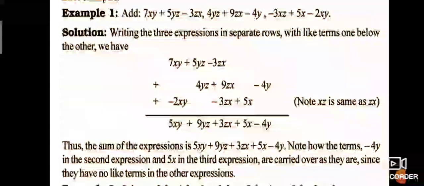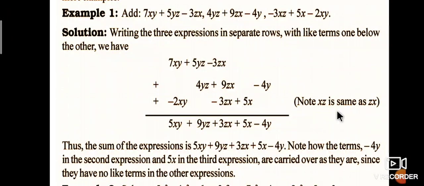Only numerical coefficients are added or subtracted: minus 6 plus 9 is plus 3, therefore plus 3zx. Again, 5x is a single term, write it as it is, plus 5x. Minus 4y is a single term, write it as minus 4y. Okay, you observe that zx is the same as xz. Zx and xz both are the same.